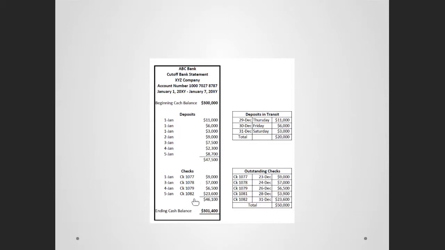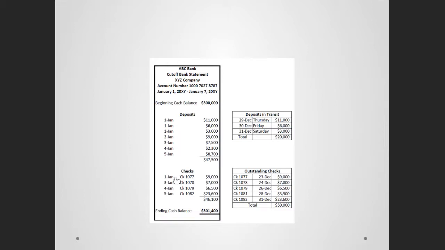All of these checks that cleared the bank were written by your client. They went to the supplier, who deposited those checks in their bank and received the payment. The checks came back to the client's bank, and when the client receives the bank statement, they also receive those canceled checks.